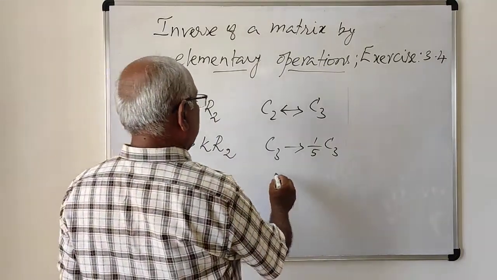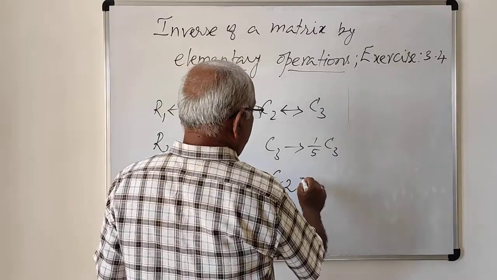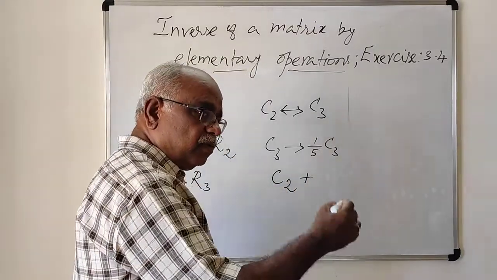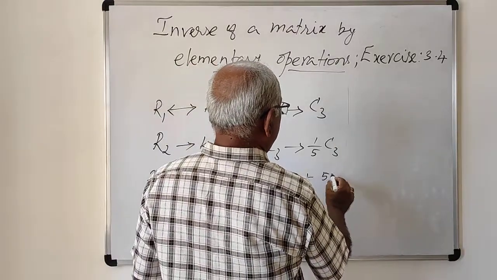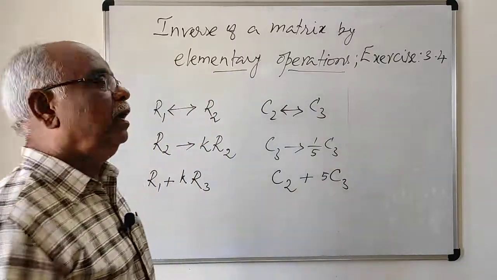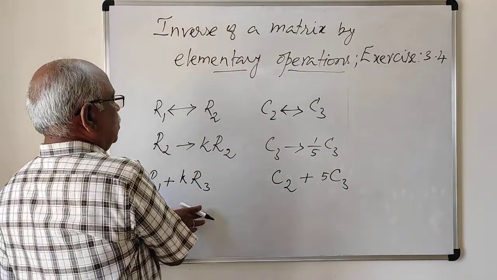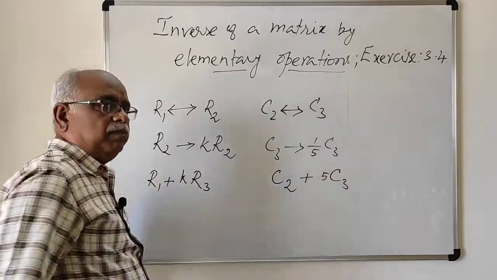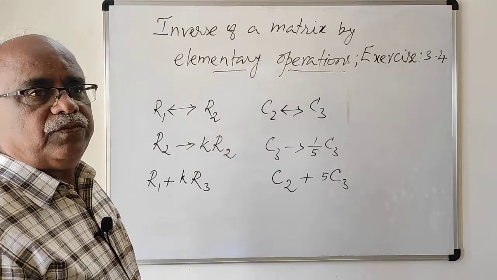Similarly, the elements of any column are added with the corresponding elements of any other column multiplied by a non-zero real number. So there are 3 sets of rules under rows and 3 sets under columns, totally 6 transformations we have seen in the previous video.